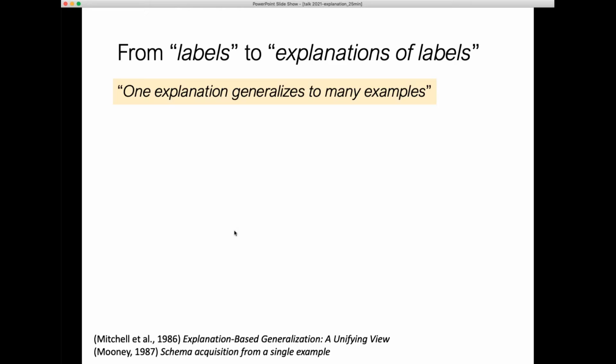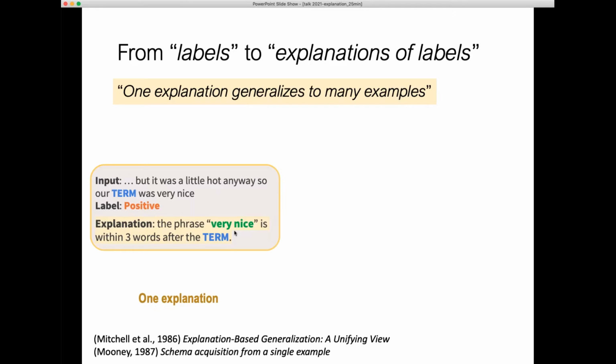So our proposal in this line of work is to go from using just labels to supervise a neural network model, to providing both the label and the label explanations to train the model together. There are a couple of important elements here.